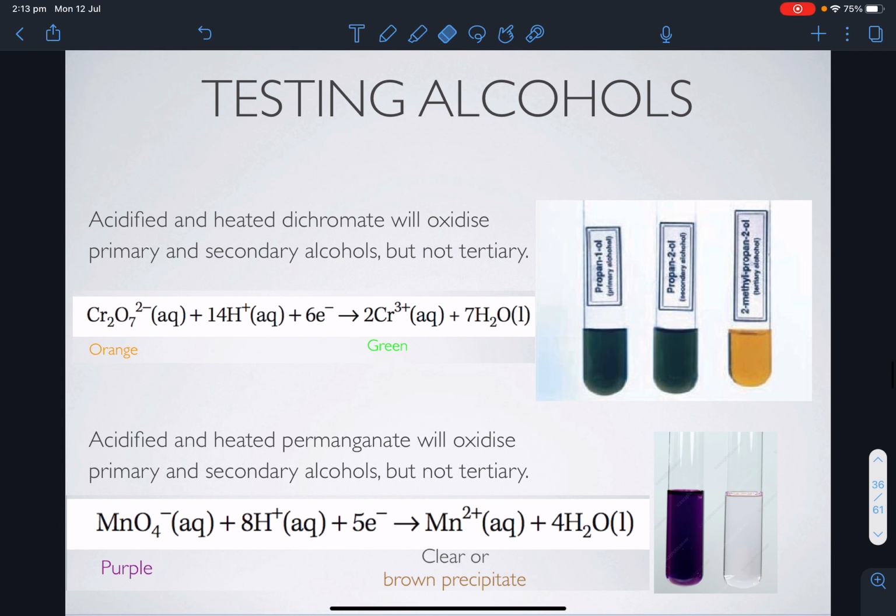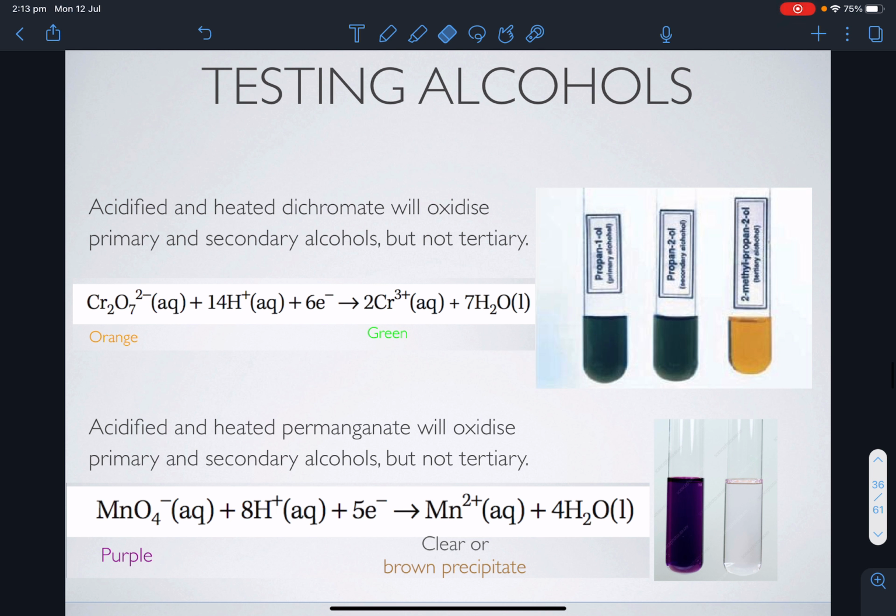Okay, so this is handy. We can test what type of alcohol we have. If you have an alcohol that you don't know whether it's primary, secondary, or tertiary, you can add in these coloured oxidizing agents. Say you added in the dichromate ion here. So you're adding orange to your alcohol, and if it can be oxidized, it's going to leave green. Here, what was propan-1-ol has now turned green.